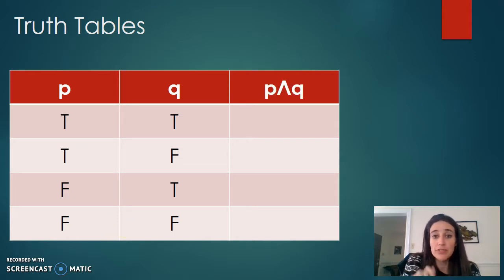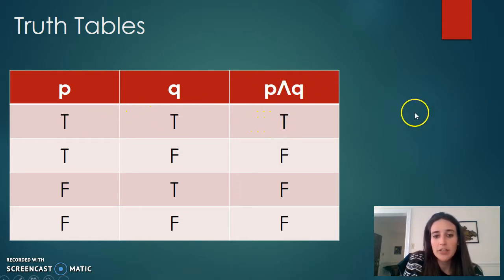So let's consider the statement P and Q. So when is that statement true? P and Q is true when P is true and Q is true. So we need both statements to be true for the combination to be true. That only happens in row 1.